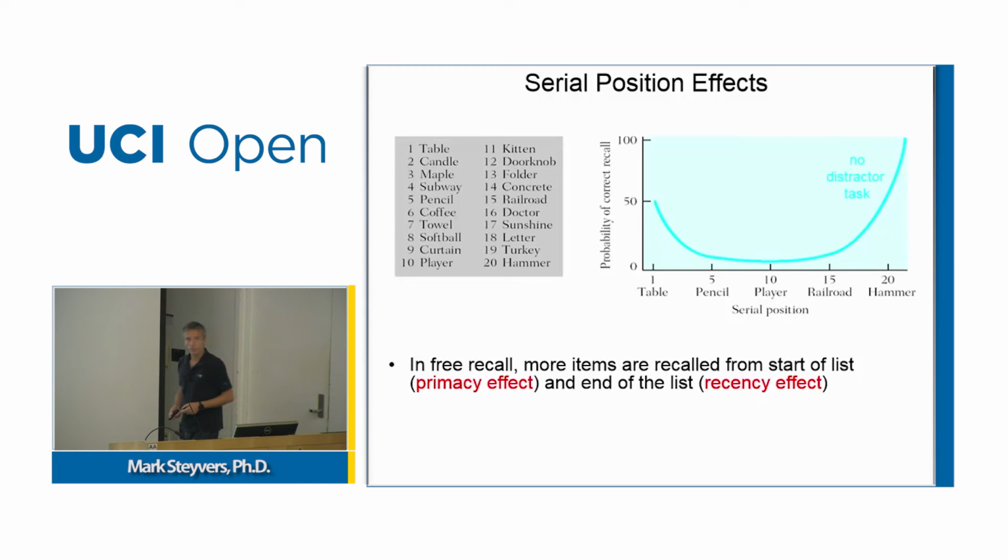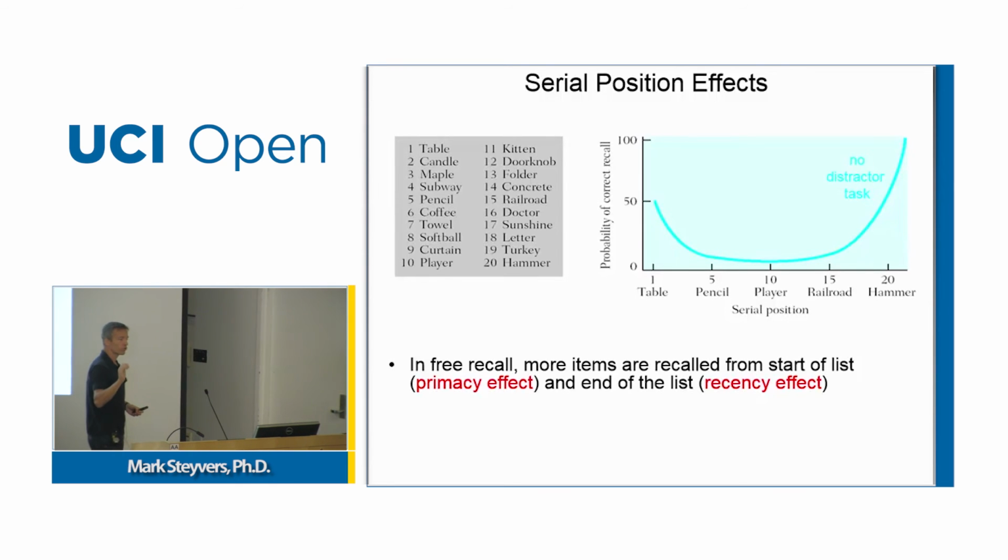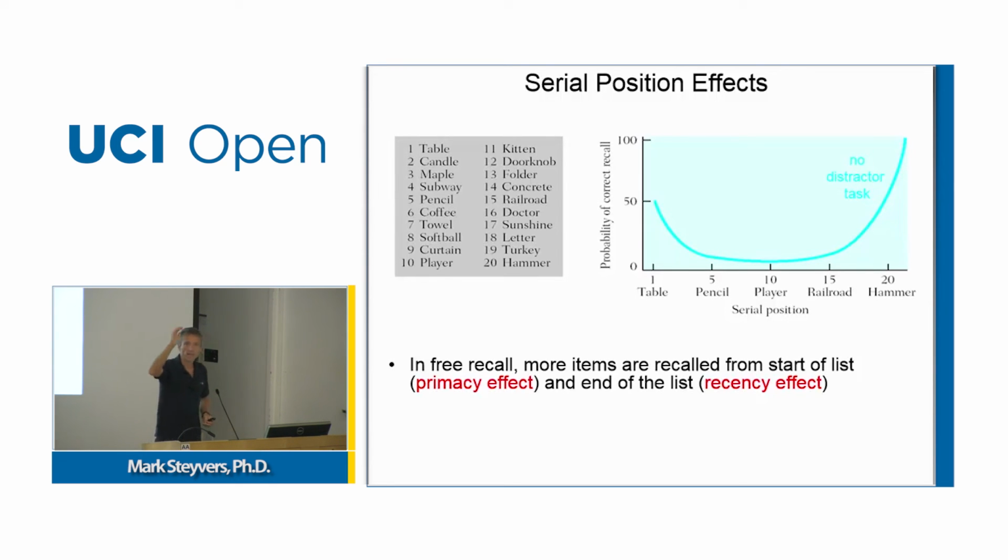So you get these serial position effects, you get this recency effect, if you immediately start retrieving at the end of the list. So as soon as hammer, that last word, is presented, and you ask subjects to start recalling, you get this recency effect.